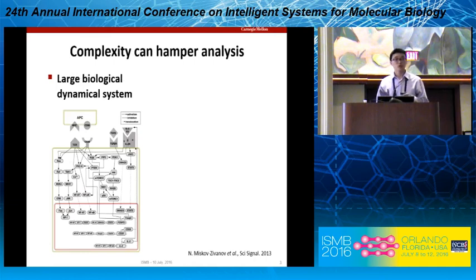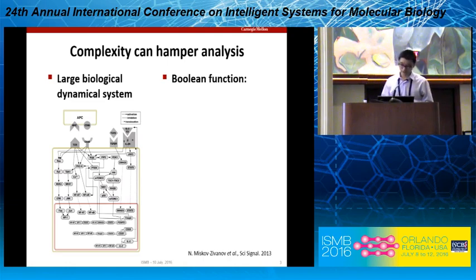However, when the system gets large, the quantitative analysis may not be available or may be very inefficient. Instead, there are several qualitative analyses which can be very efficient to model the system. Boolean function is one of those tools.